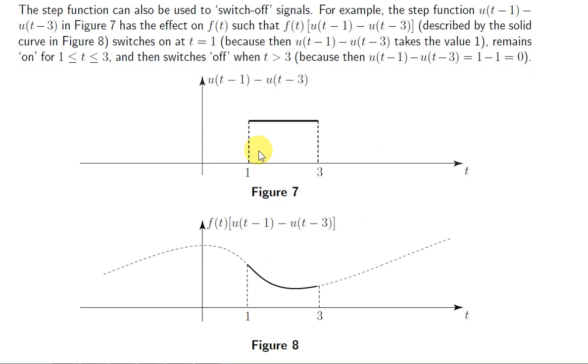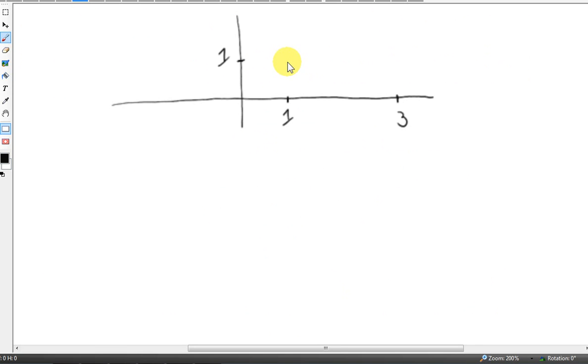Now we can also imagine switching on and switching off signals. Let's take this example here. Let's first of all consider the function u of t minus 1 minus u of t minus 3. Let's take the graph of u of t minus 1 first. Well, the step occurs at 1. So in black we have the graph of u of t minus 1.